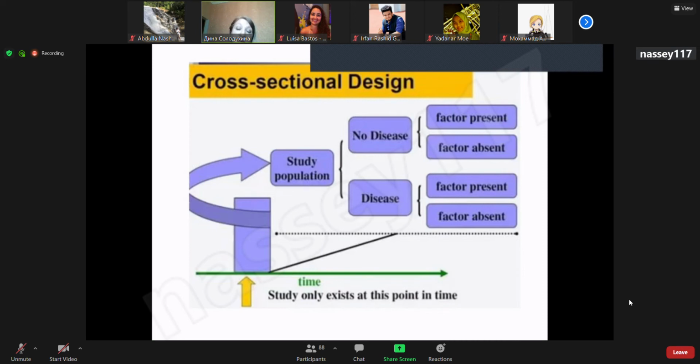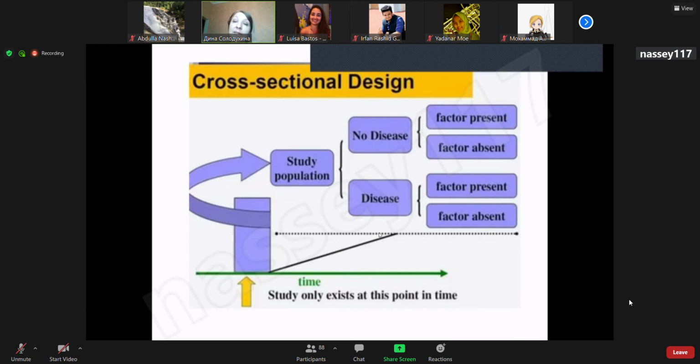taking a picture at this point of time. So in a cross-sectional design, we have a study population, and we don't differentiate whether we have exposure first or disease. We will estimate both at this point of time.